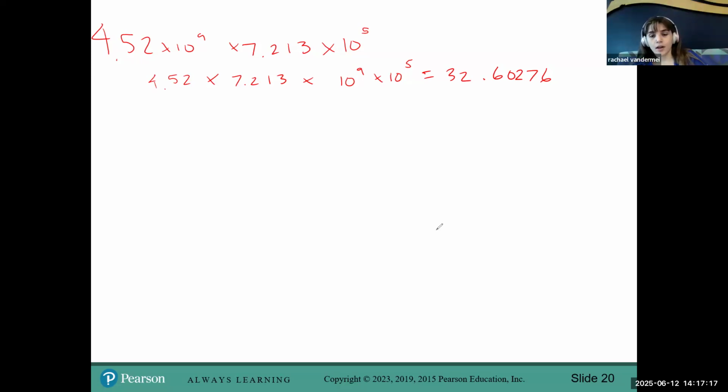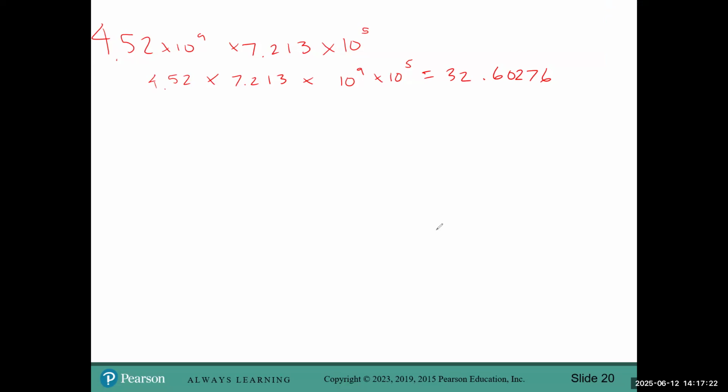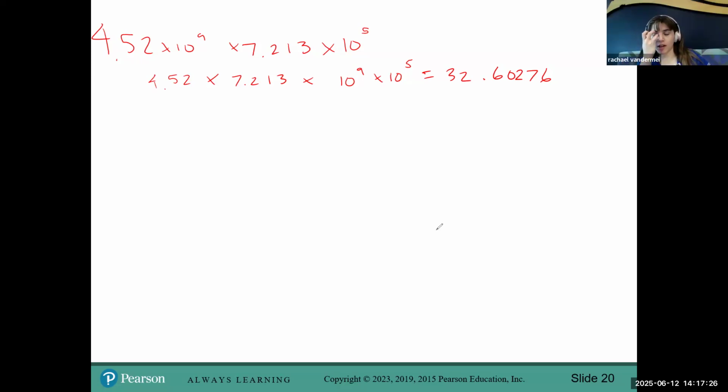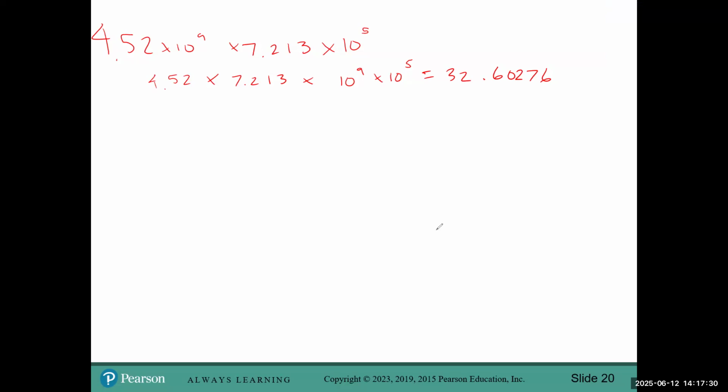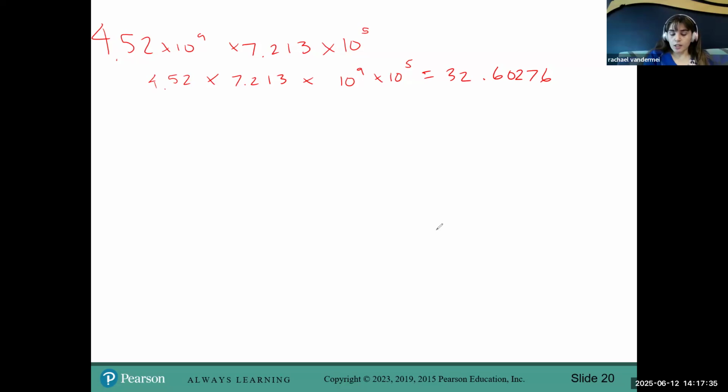Could I ask a question about something that is not conversion? It was a question on the discussion post. I was going through those as a way to practice, and it was: 9 quarts equals how many fluid ounces?